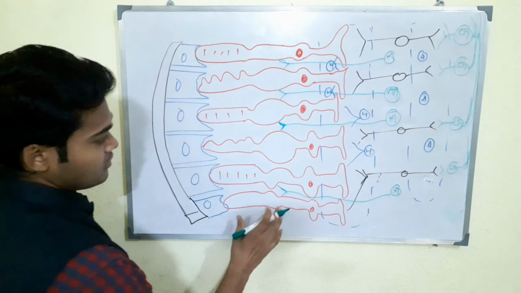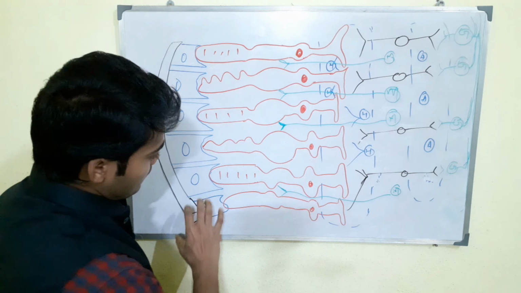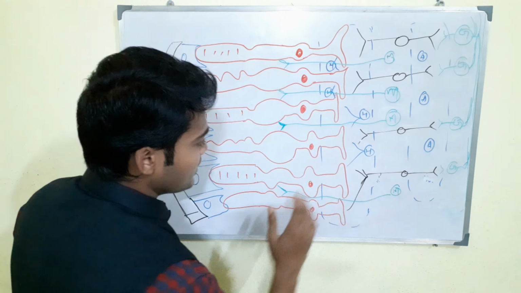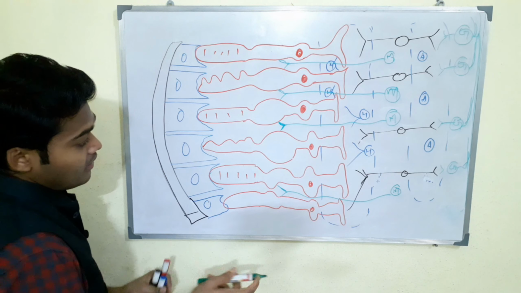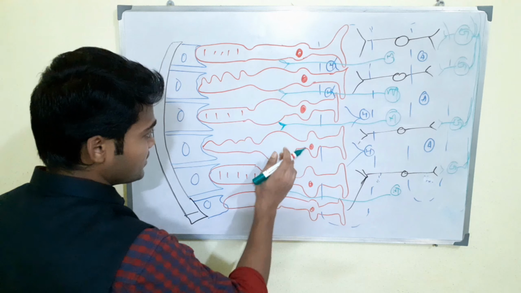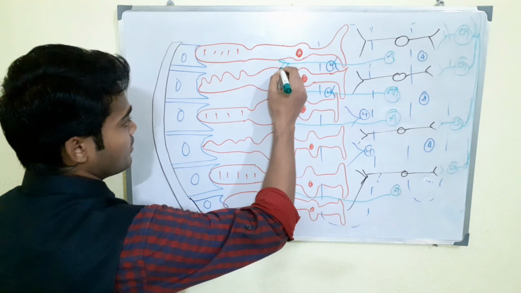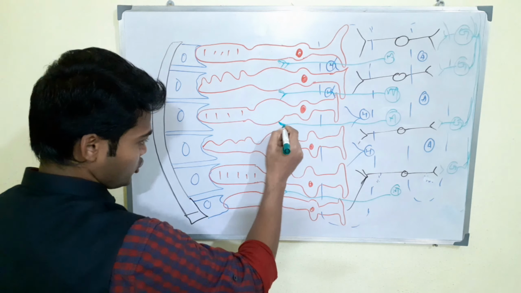After the Muller cell, now I will show you this arrangement. The Muller cell not only helps here to form the lamina layer; when the Muller cell coincides here, it holds the entire rod or cone cell to maintain its own position.